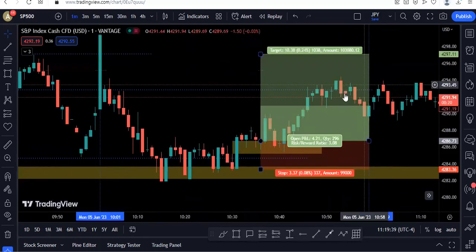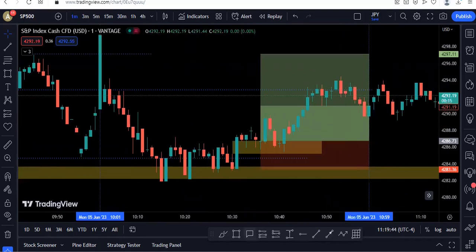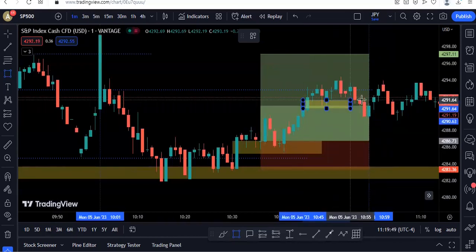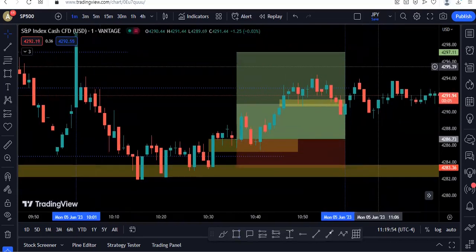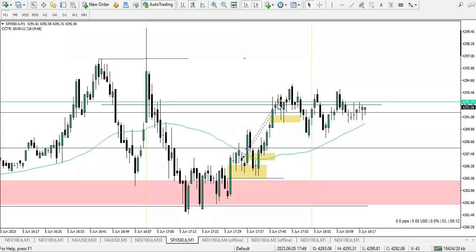I just saw price getting stuck, going nowhere. We did have some other fair value gaps on the way, but I just didn't trust it anymore, and I decided to take profit right there.